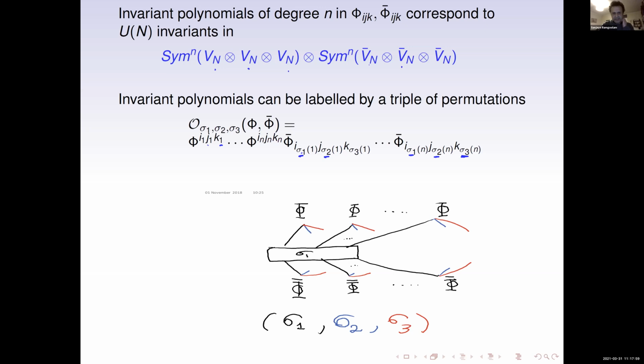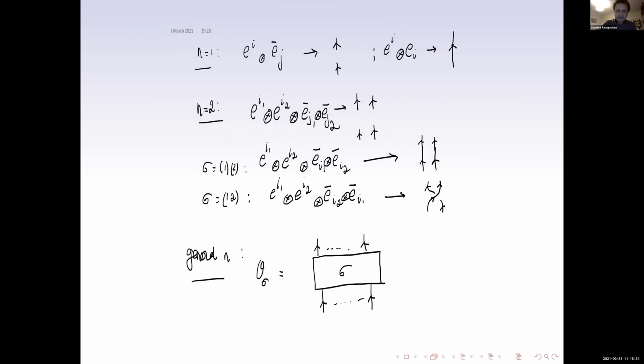Using this diagrammatic way of thinking, there are three colored lines corresponding to the three indices, and the phi's and phi bars are contracted according to the permutations. Sigma 1 for the first index. I haven't drawn sigma 2 explicitly, but there's a sigma 2 and a sigma 3. So given any triple of permutations, there is an invariant that you can write, okay? And it's invariant for the same simple reason that these things are invariant, as can be checked directly.